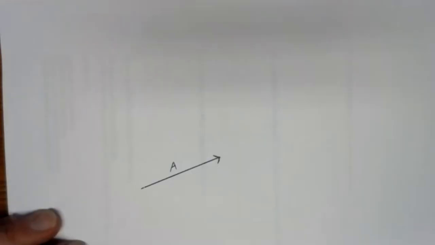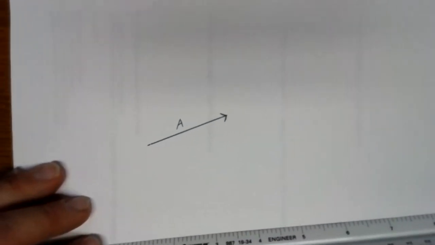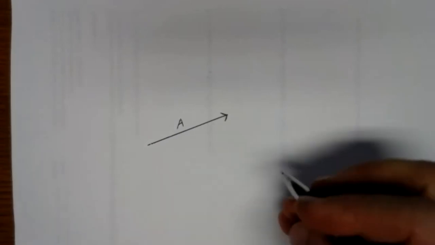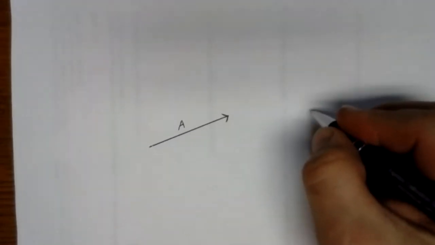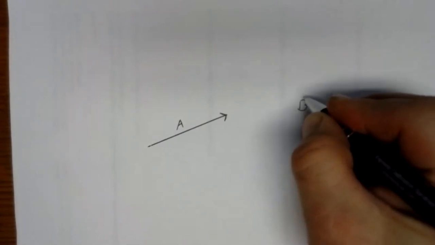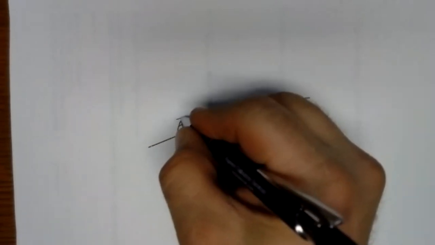So there's my vector. Maybe we'll call that vector A. Now, if I want to multiply vector A by 3, so I want some new vector, let's call that vector B. I'll draw some arrows here.